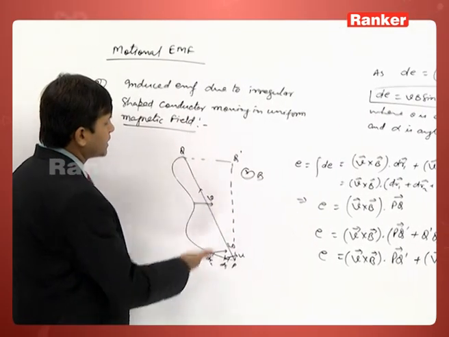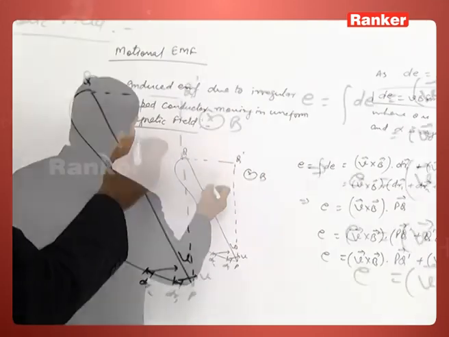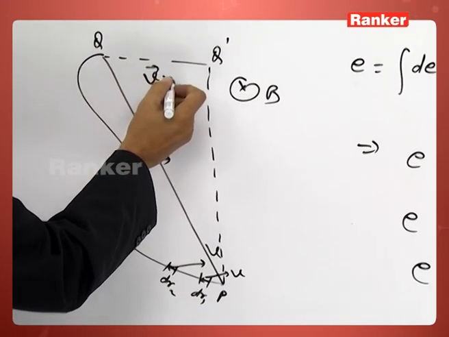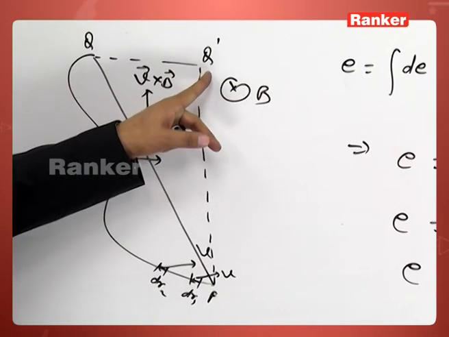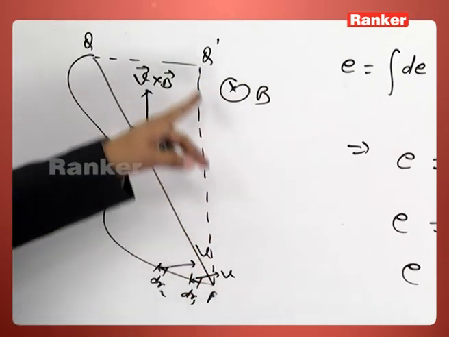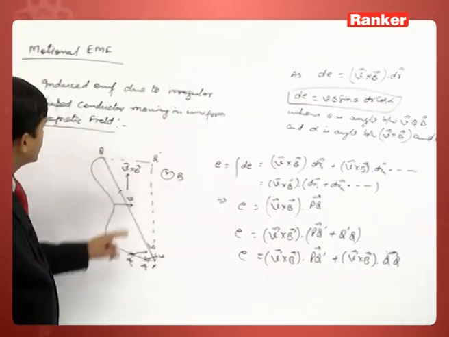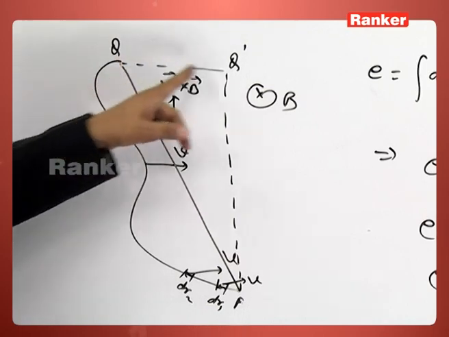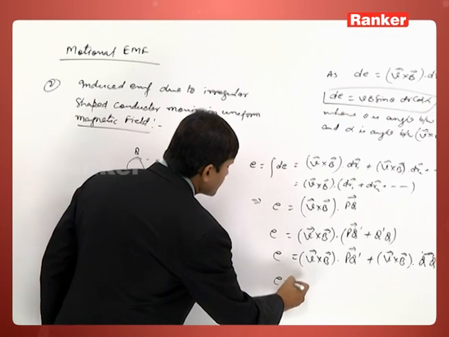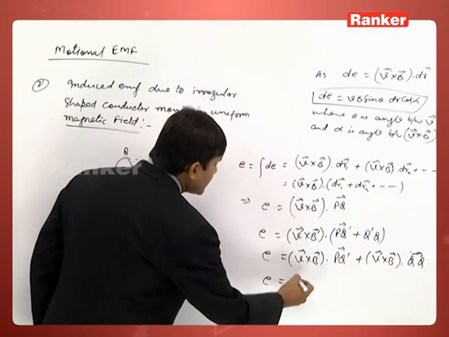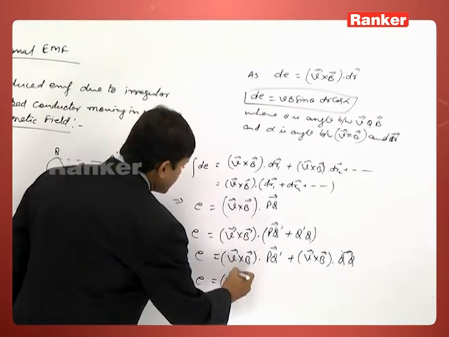V in that side, B in that side, so V cross B is in this direction. PQ dash and V cross B are in the same direction, so the angle between them is 0. But Q dash Q and V cross B are perpendicular, at 90 degrees, so that term is 0. So finally the EMF is only equivalent to that of PQ dash.